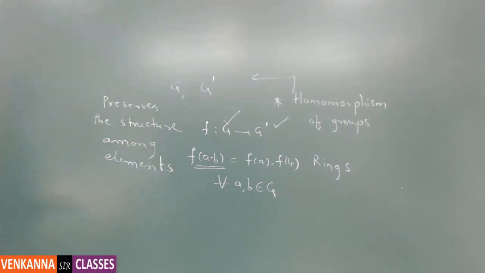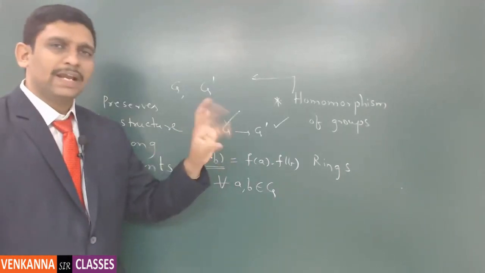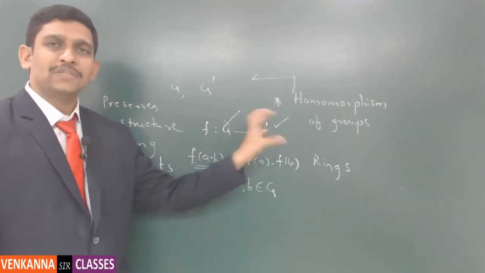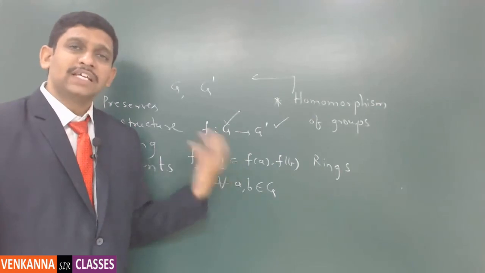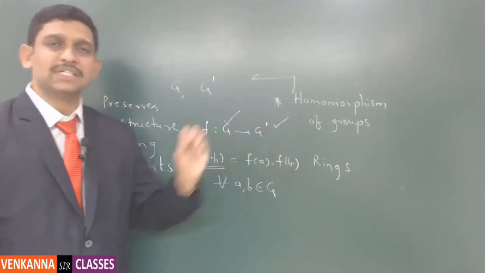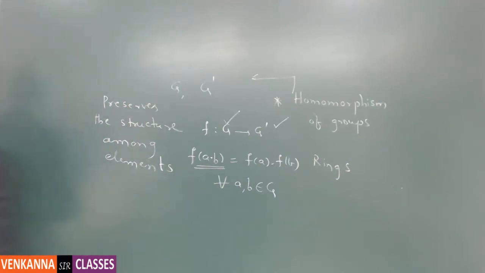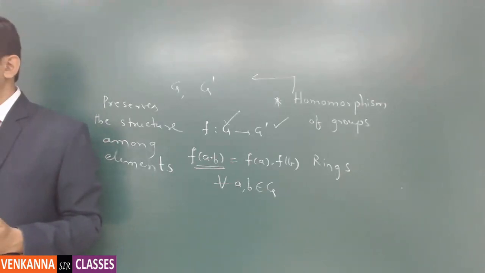In one way we can say that it maps the arrangement on the left hand side to the arrangement on the right hand side. Whatever the structure on the left hand side, you can find a similar structure on the right hand side between the images. Is that clear to everyone? Please take a note of that.